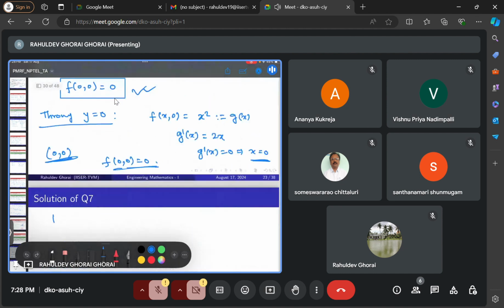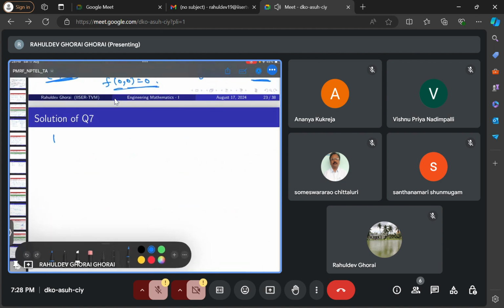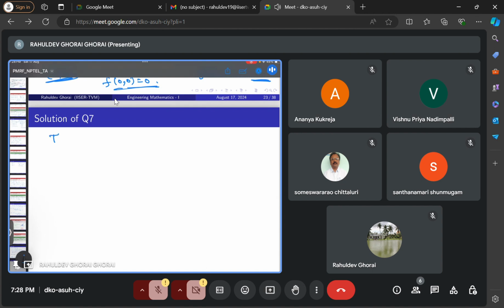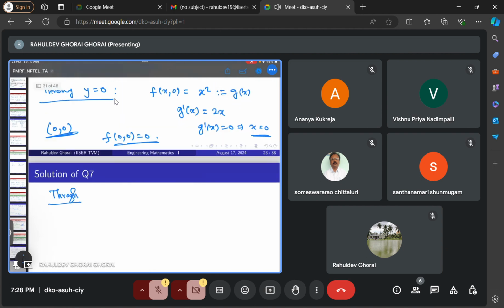So yeah. Now through x equal to 2 line. And that is nothing but a boundary, not because of some line, it's a boundary of the domain.